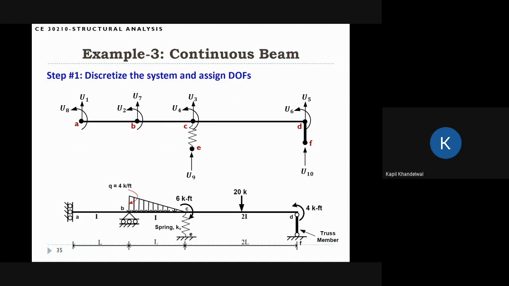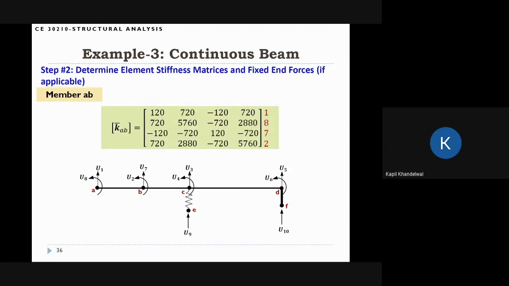So let's go forward and build the element stiffness matrices and the fixed end forces if required. So for member AB, we already know how to build the stiffness coefficients, but I just want to focus on the ordering of the degrees of freedom.